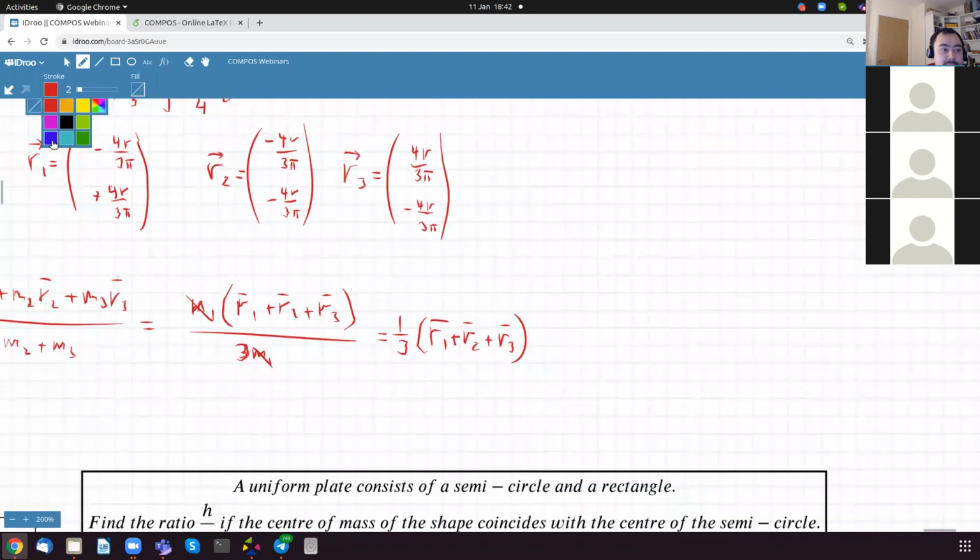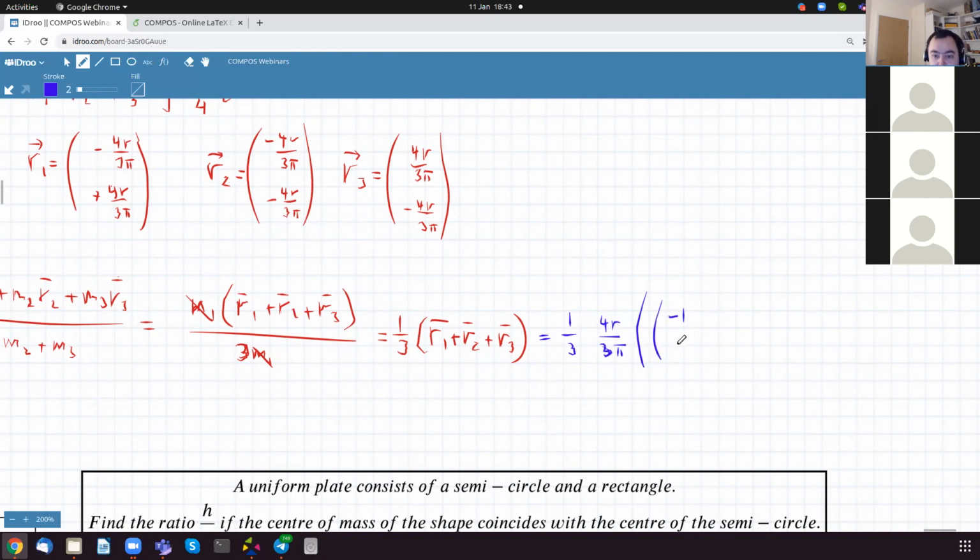And finally, you get 1/3. You can notice that all the coordinates are the same. It's 4R over 3 pi. So I'm going to take 4R over 3 pi out of the brackets. And what I'm left with is very simple vectors, -1, 1.